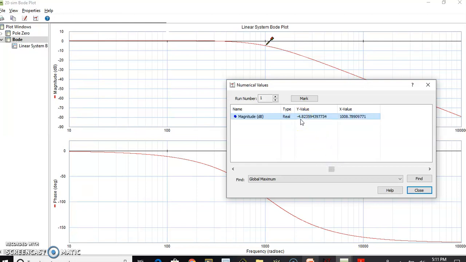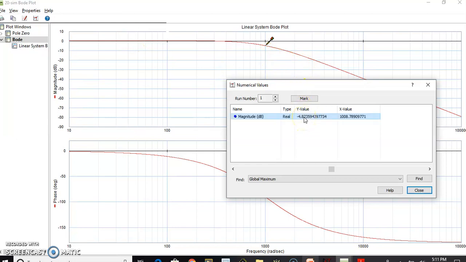It is not minus 4 dB, it's more than minus 5.6 dB, because it was plus 0.8, it has become minus 4.8. So the overall difference from here to here is almost minus 5.6.